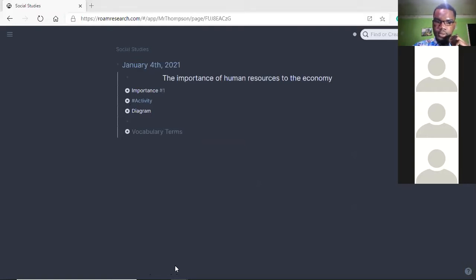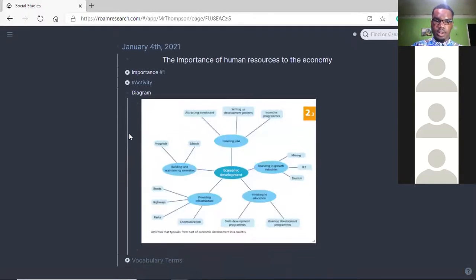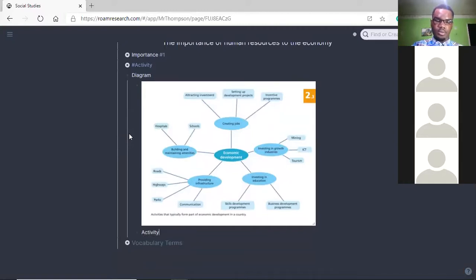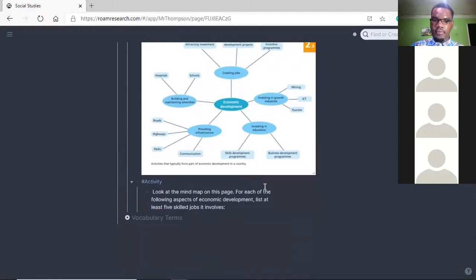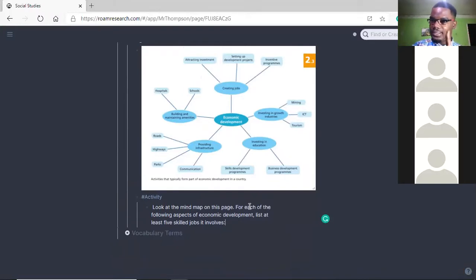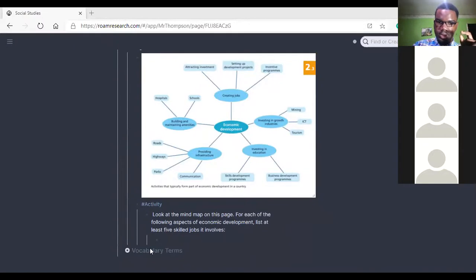Okay, right. So here's the question that involves the diagram. As I said, we're gonna get back to it now. Look at the mind map or the brain map, if you'd like to call it. Activity. Look at the mind map. For each of the following aspects, list at least 5 skilled jobs that it involves. When you've done that, you're gonna tell me.